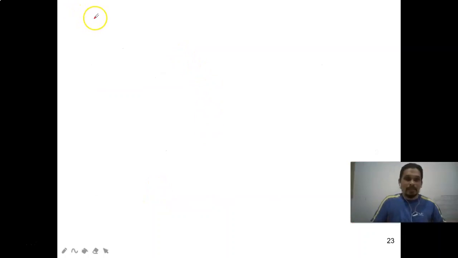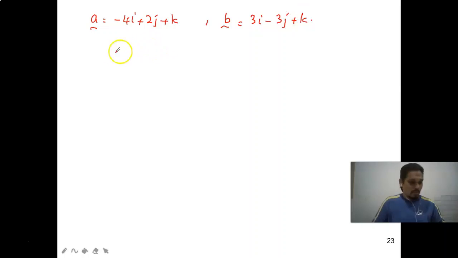Again, rewrite the vector A equal to negative 4i plus 2j plus k, and the vector B equal to 3i minus 3j plus k. So question C is to find the vector A plus B.